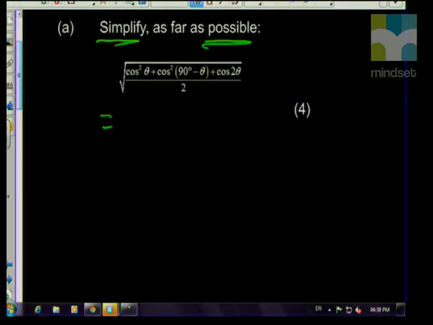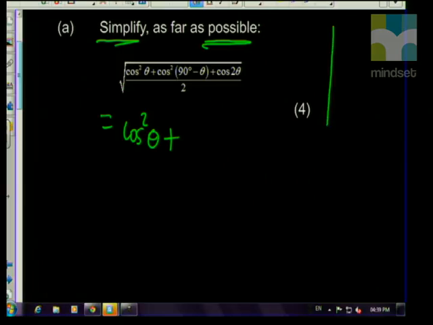Now, you have your cos squared theta. For now, we're not going to do anything to that. Plus, now, I've got cos squared 90 degrees minus theta. Now, remember in your grade 11, if you're given cos of 90 degrees minus or sine 90 degrees minus, remember that 90 degrees minus is your first quadrant, and all the trig ratios are positive in the first quadrant.